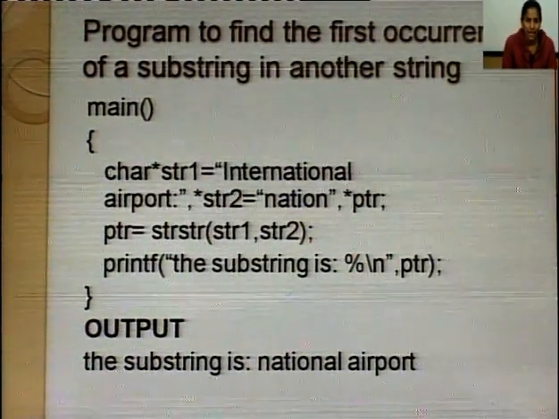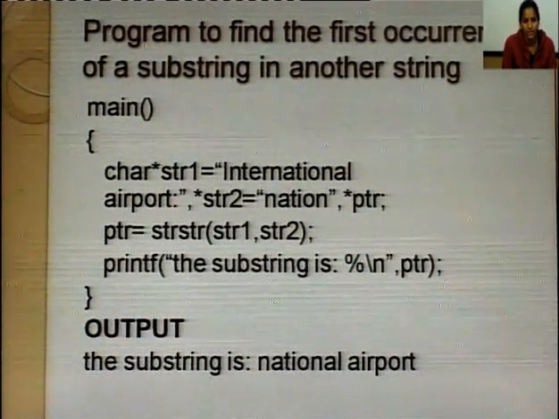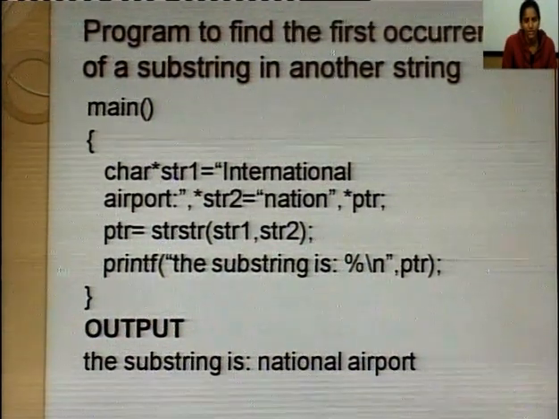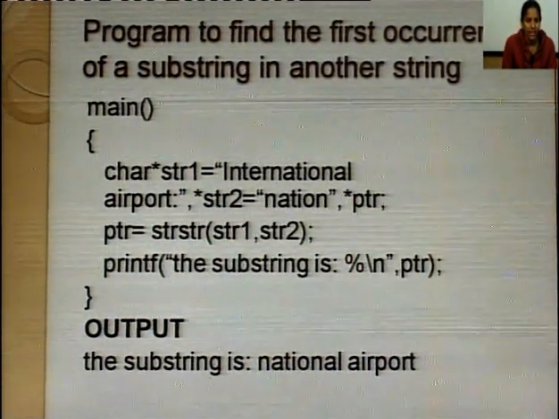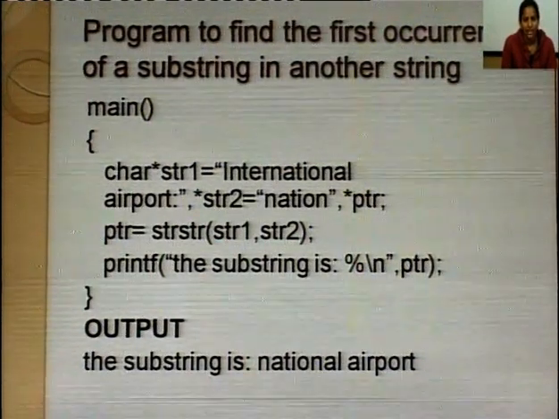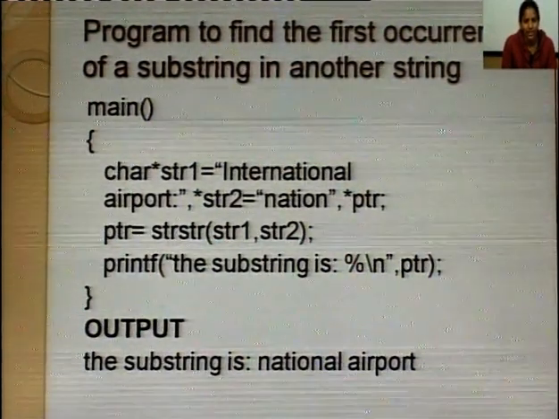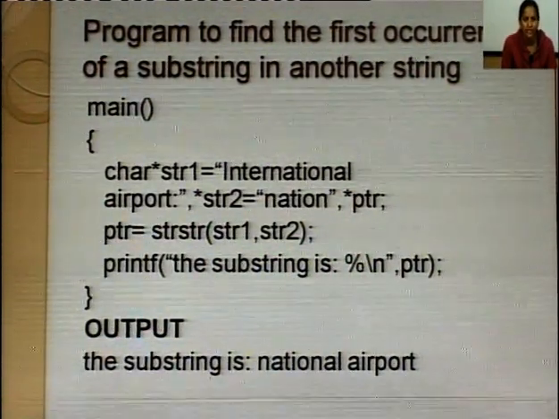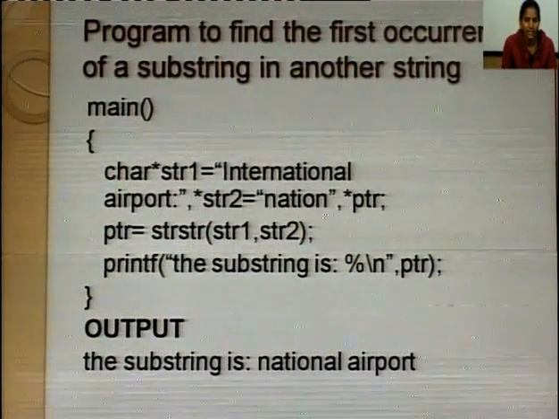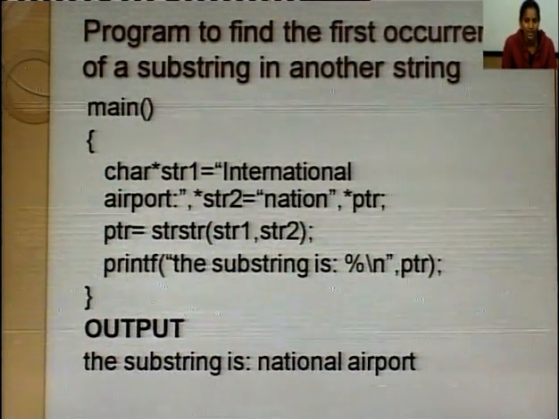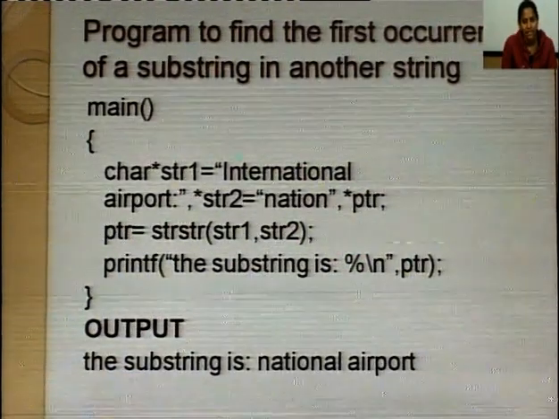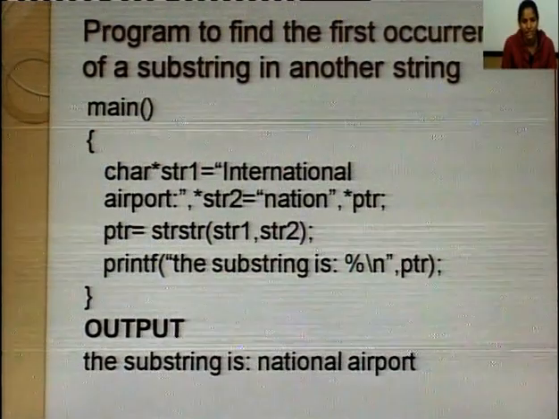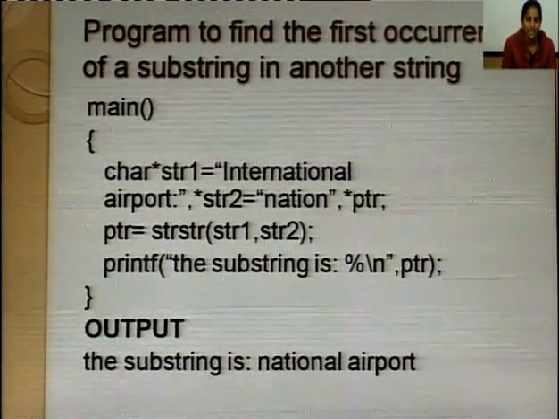When we start finding the first occurrence, I, N, T, E, R are not the first occurrence because it starts with N. First it finds I N, yes, N is matched, but again the third character, that is T, is not matched with A. It again moves on, again N starts, then A is matched, T is matched, I is matched, O is matched, N. And whatever first occurrence occurs, it stores in the str1 pointer variable, and it displays the value, that is national airport.